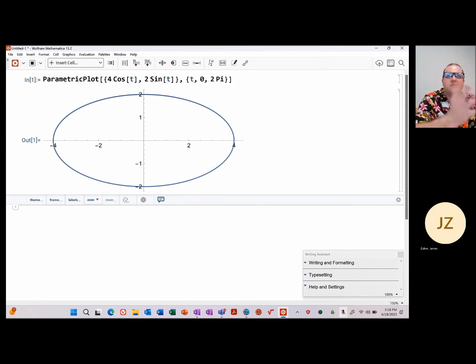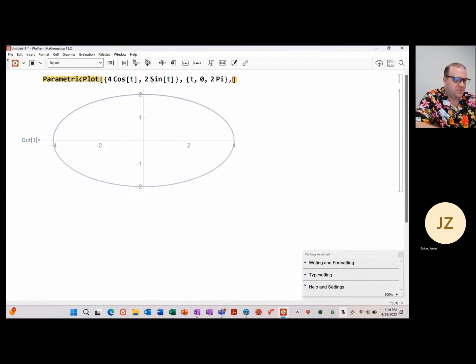Of course, we can add options to it. When plotting stuff for Calc 3, labeling the axes is pretty much needed.